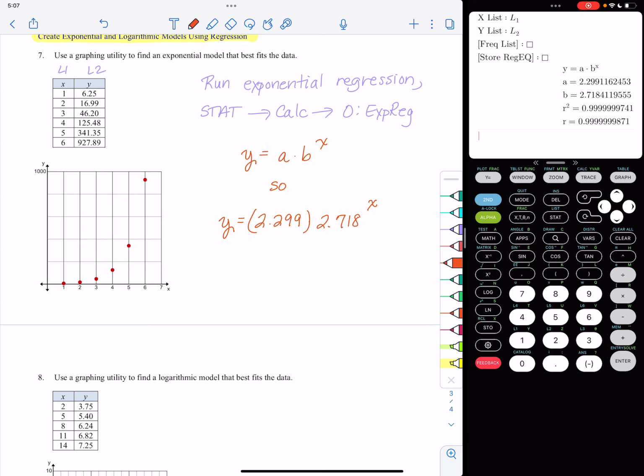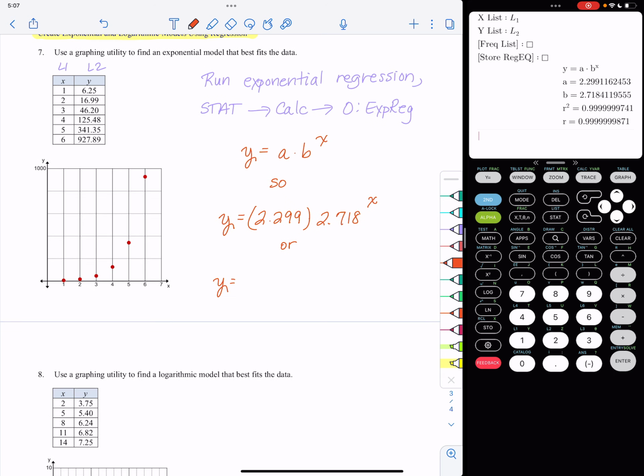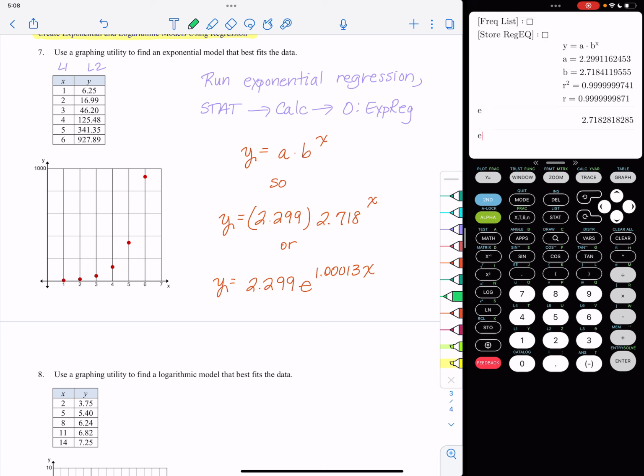Now, what could you do? You could go ahead and rewrite that with an e as a base. So you could also rewrite this, and I'll show you how: 2.299 times e to the 1.00013x. So how you could do that is notice that e, I'll show you on the calculator, e is second divided by, so that's 2.718.